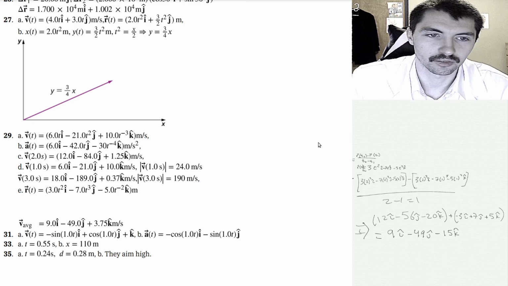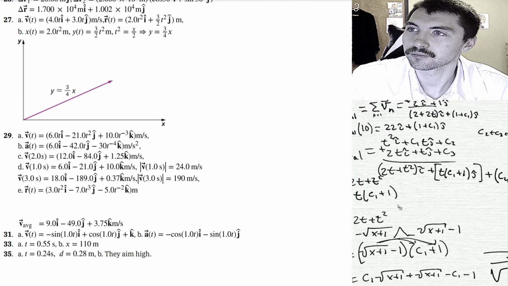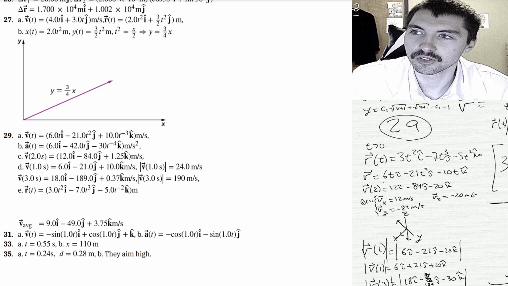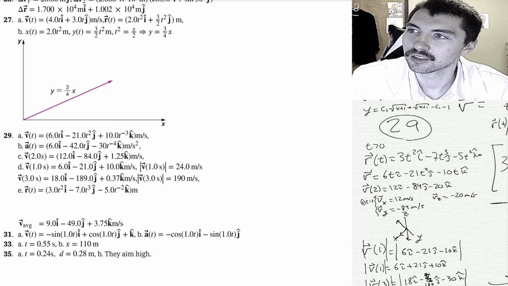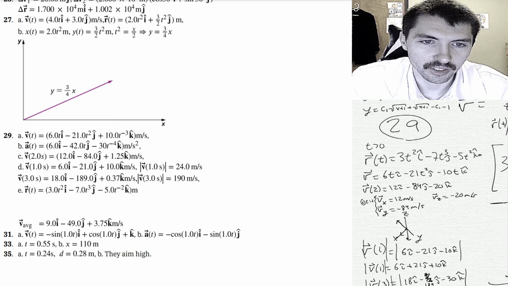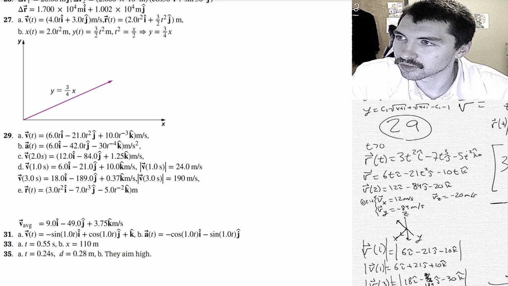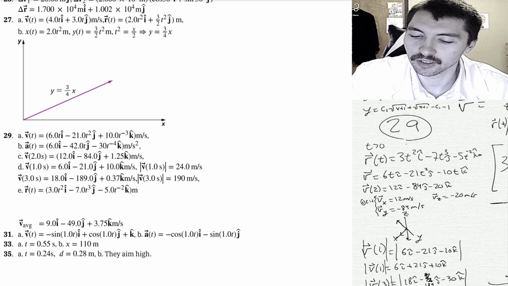Okay, so part A, 29. Okay, so we get 6t, 21t squared, 10t. All right, so we have a mistake here. We made a notation error here, right?